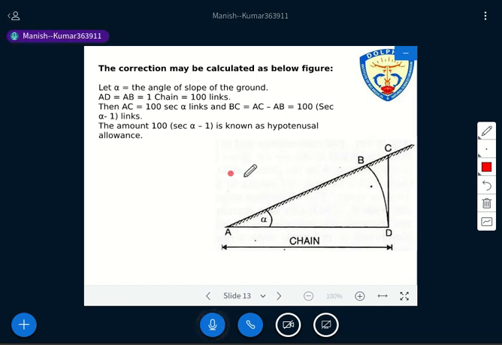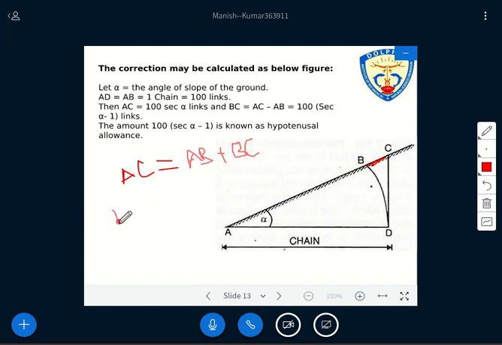Fine. So now look here. Since AB is the chain length, we have to find the distance BC. We can write AC equal to AB plus BC, and we have to find this length BC.